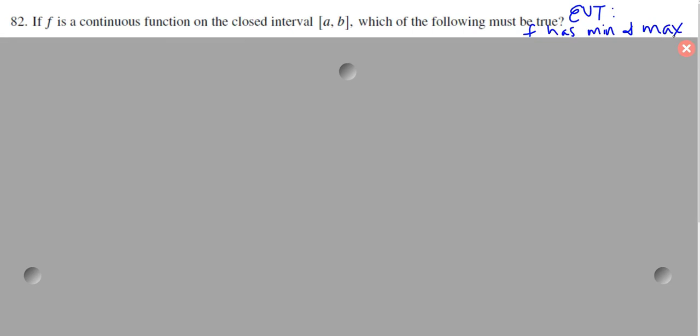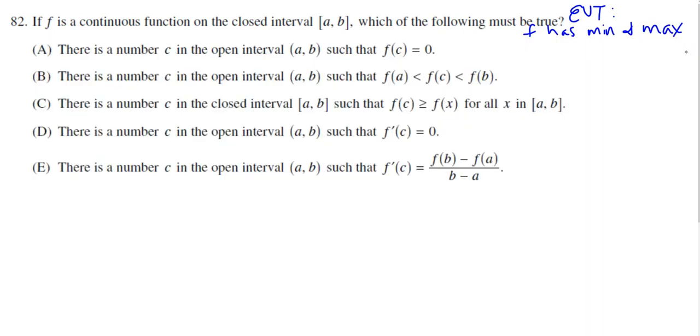So now we start looking through our options and seeing which one says that, but in math terms, okay? All right, there's a number c where f of c is 0. No, EVT doesn't say anything about having zeros. There's a number c where that y value is between the others. That looks more like an IVT type thing.